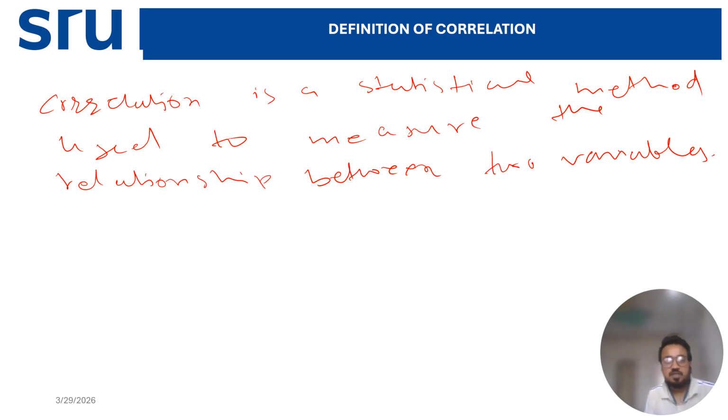Okay, so it helps us understand how one variable is changing with respect to the other. So we will understand this definition with the help of some examples.